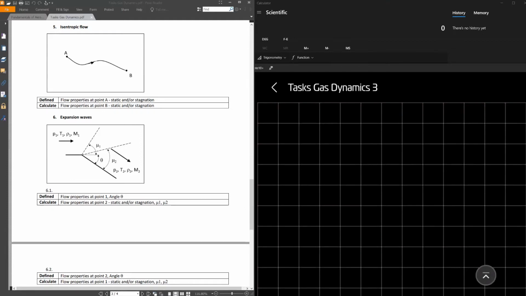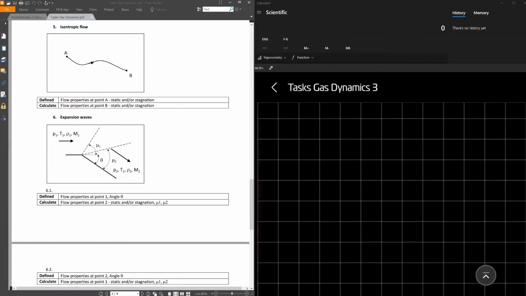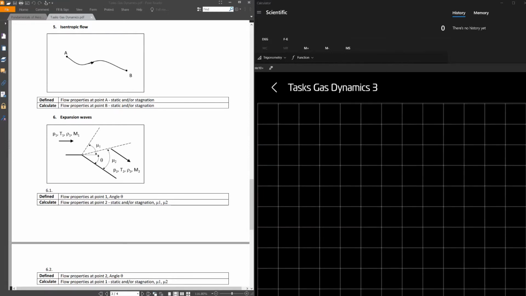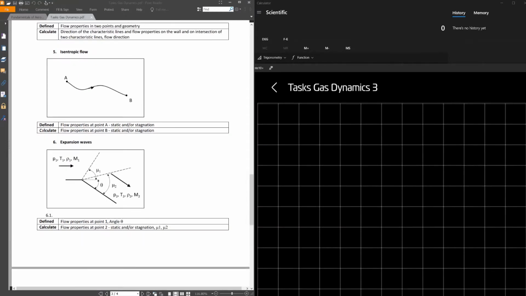There are no losses, so what we have basically is constant values of stagnation pressure and stagnation temperature, and also stagnation density because of this. The efficiency is 100%, so stagnation pressure does not change. And we have simple formulas. Probably it's one of the simplest questions to solve these parameters. We have just one example here.